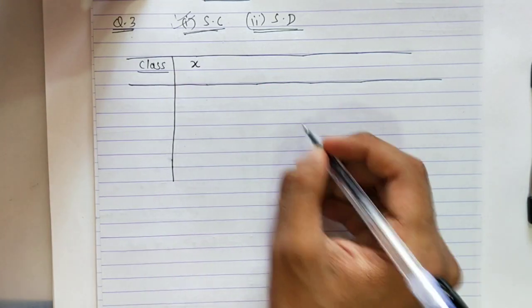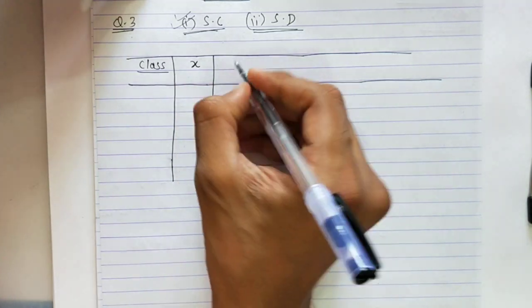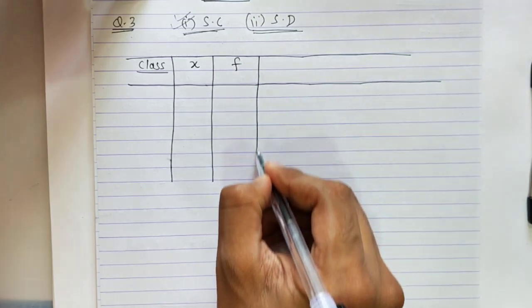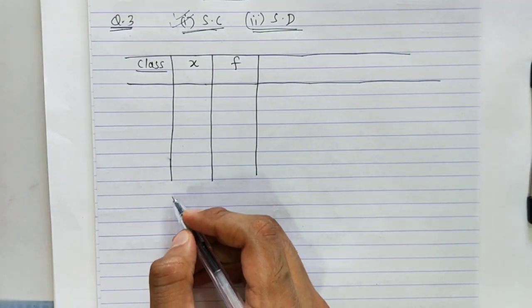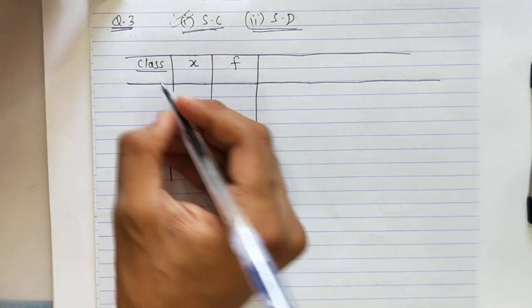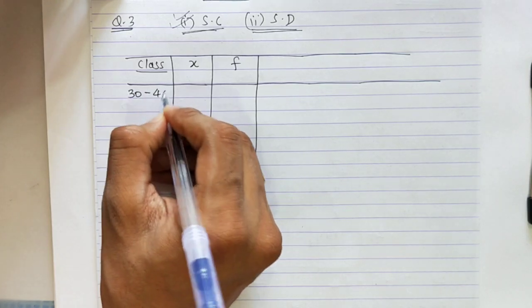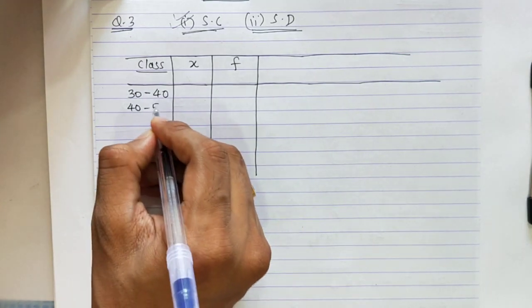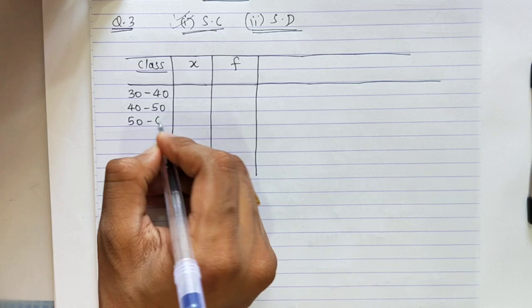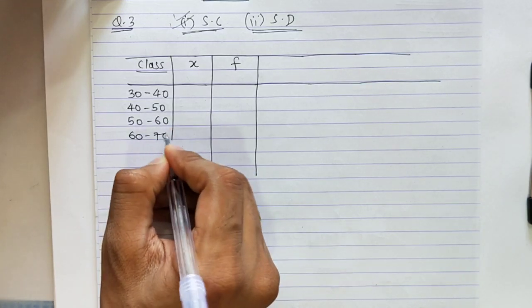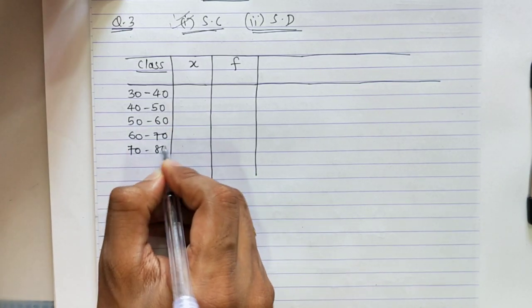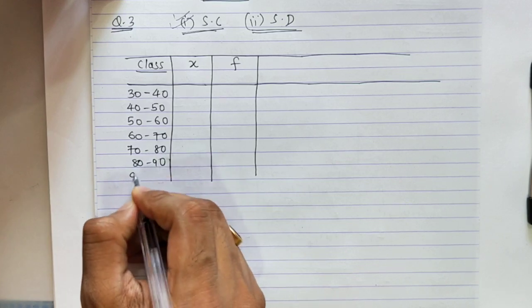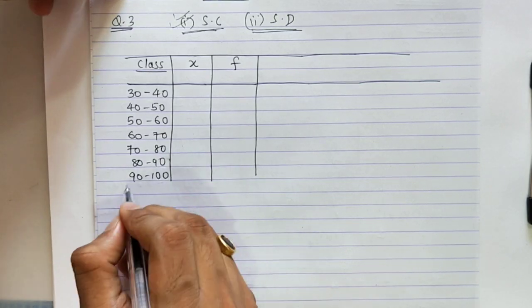The second column is X, the third column is F as usual. These three columns are the same in all the questions. The range is 30 to 40, 40 to 50, 50 to 60, 60 to 70, 70 to 80, 80 to 90 and 90 to 100.